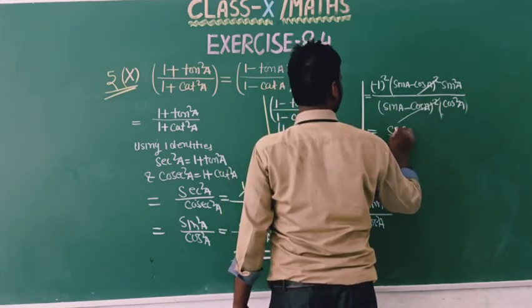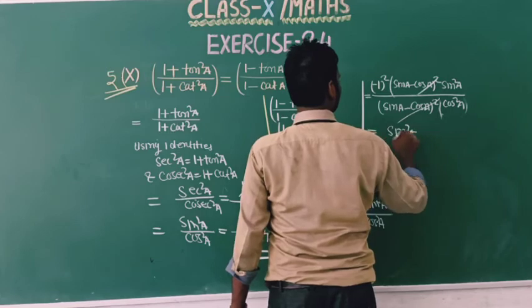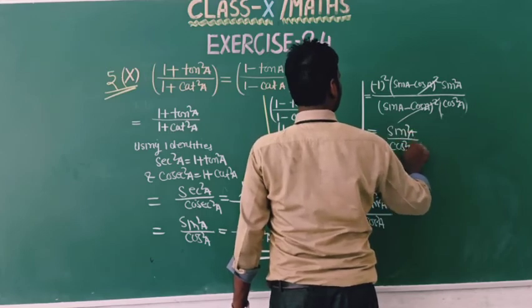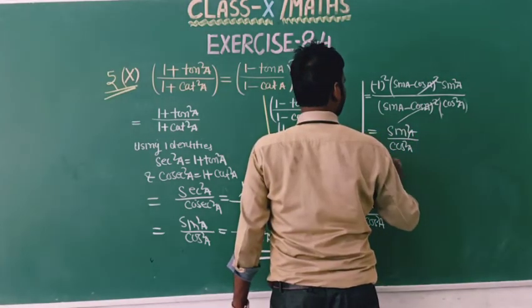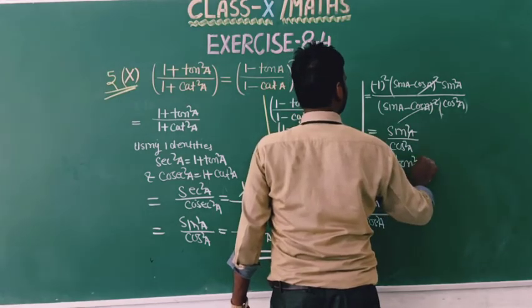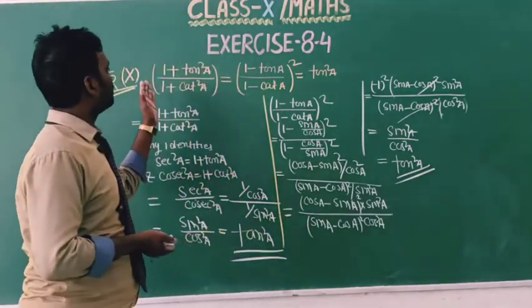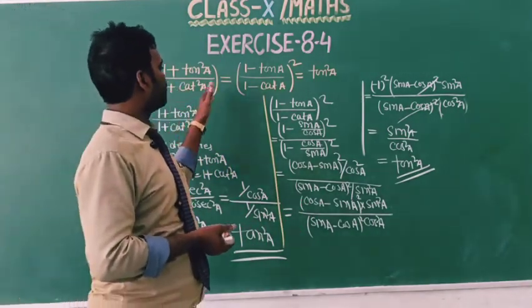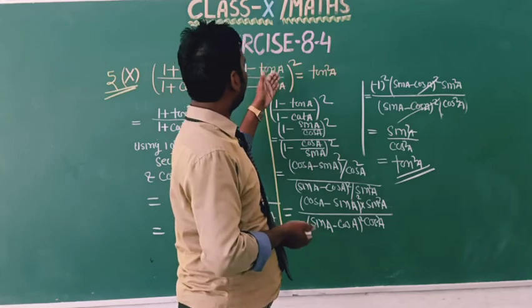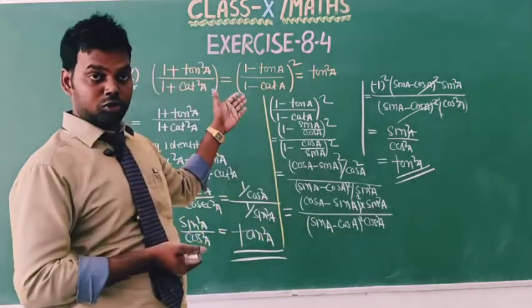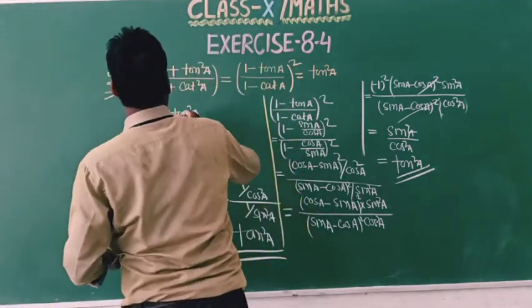So this is sin square A upon cos square A, which is equal to tan square A. Okay, so dear children, we have shown that (1 plus tan square A) upon (1 plus cot square A) is equal to (1 minus tan A) upon (1 minus cot A) whole square equal to tan square A. Okay.